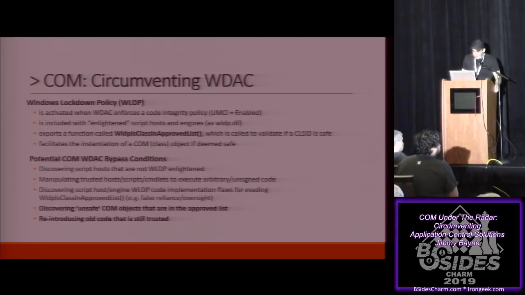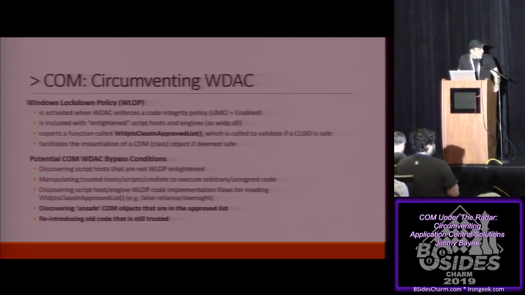It does this by checking a list of approved COM class objects that are allowed to run on the respective system. That's already predefined, typically by Microsoft, somewhere in the OS. If you recall, during COM activation the ProgID is first resolved to a class ID. Under UMCI, if the class ID is in the approved list, the activation is allowed, otherwise it is not.